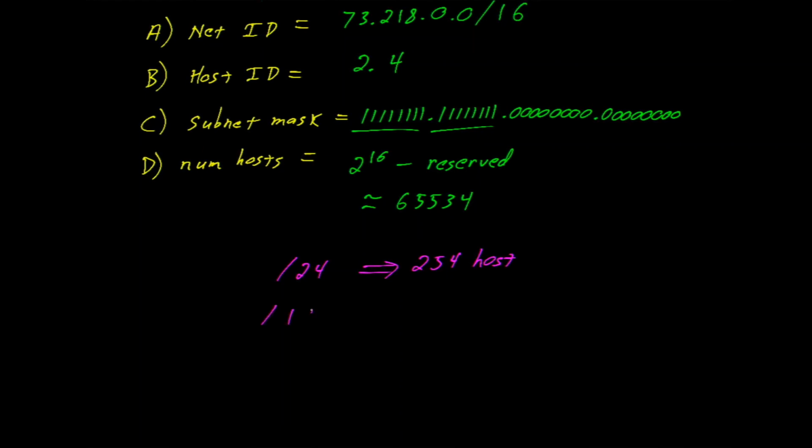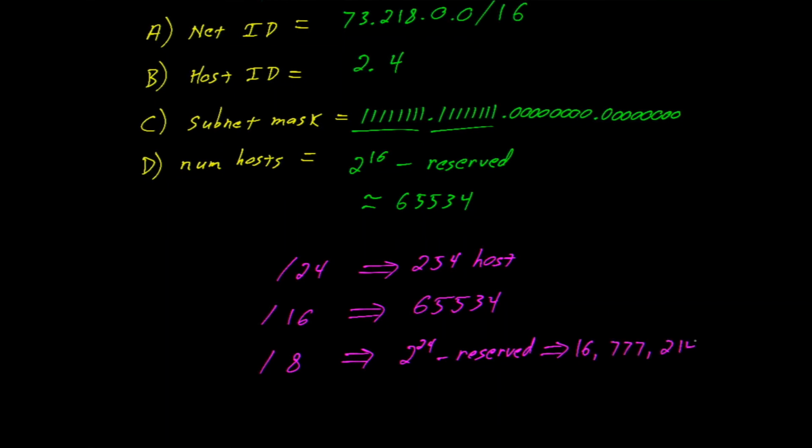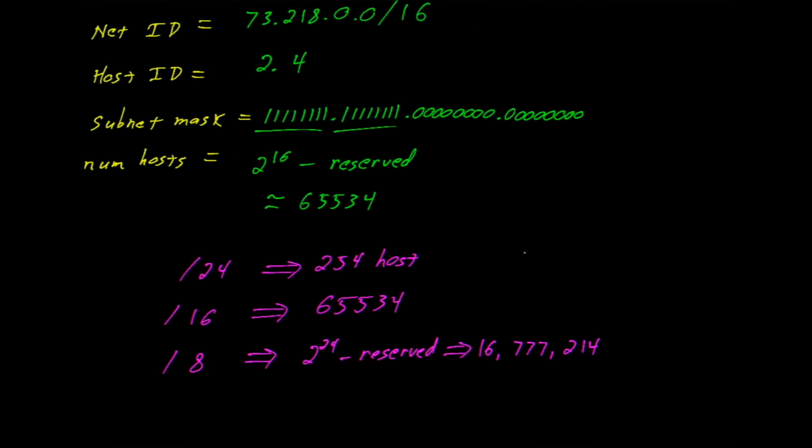The /16 network, which allowed 65534. Without too much effort, you could visualize the /8 network, which would allow 2 to the 24 minus reserved, which allows 16,777,214 unique hosts.